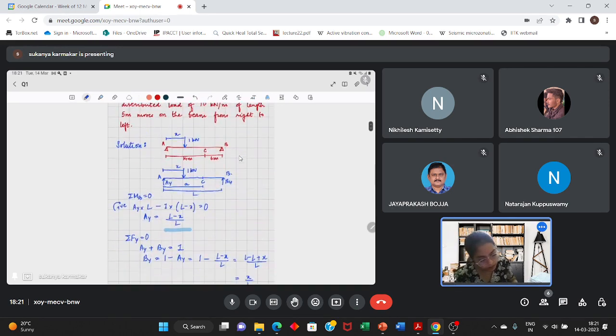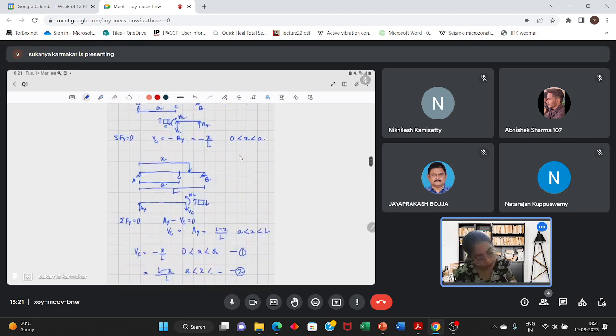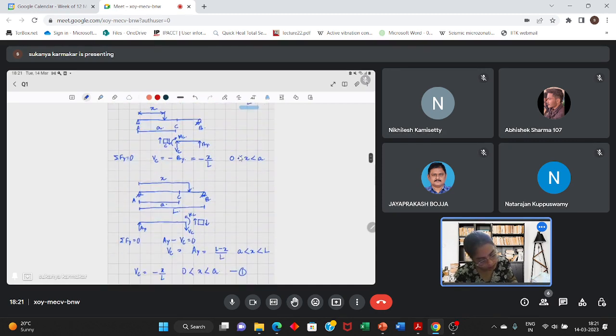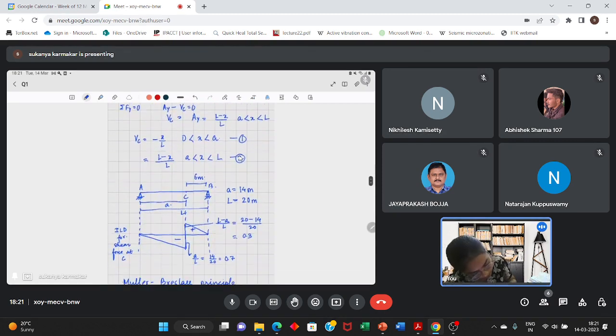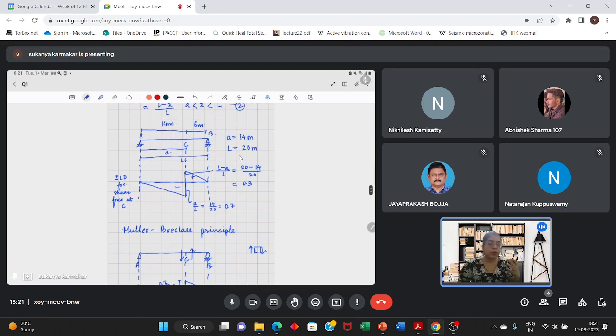What is this length? This length is 6 meters. This length is 14 meters. So when will the shear force be maximum?